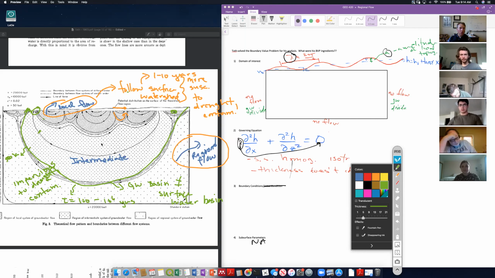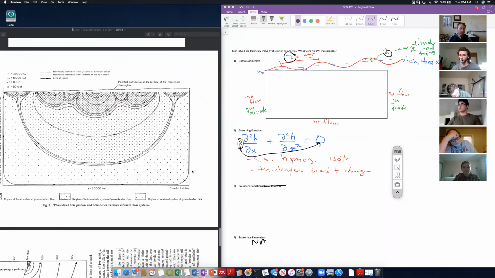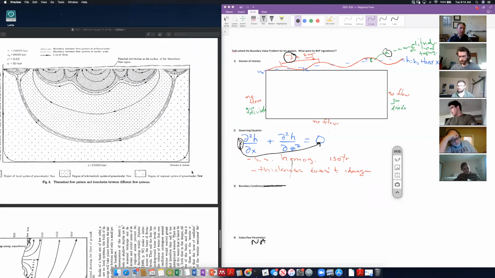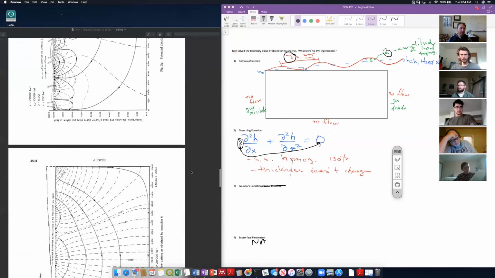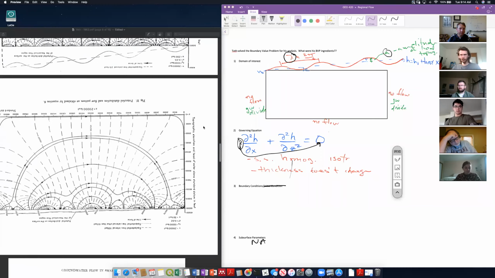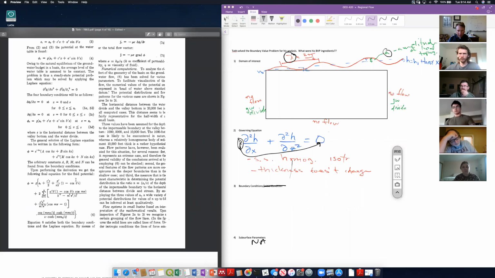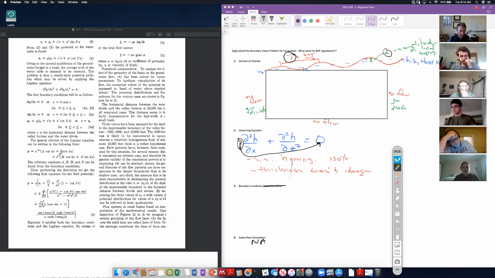There were some other important nuances to this result that Toth was able to investigate, because once he had his analytical solution, he could do things like test the effect of the topography.